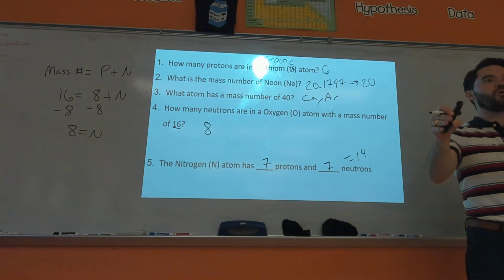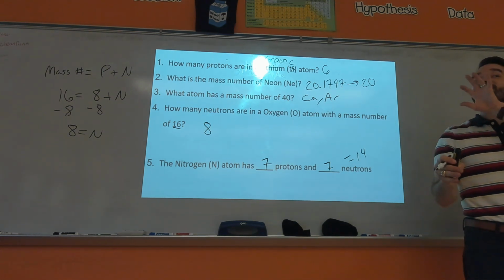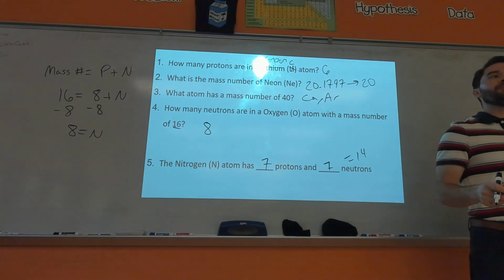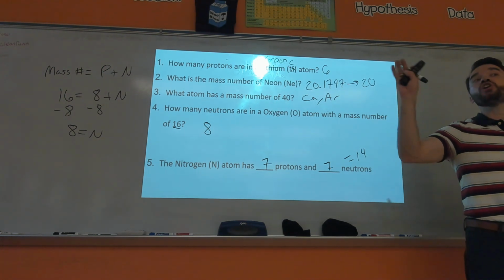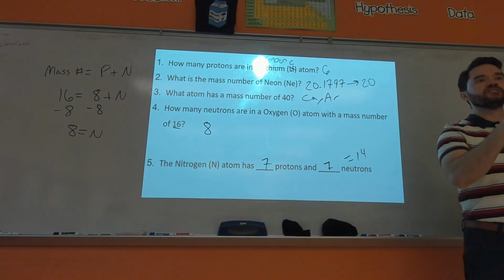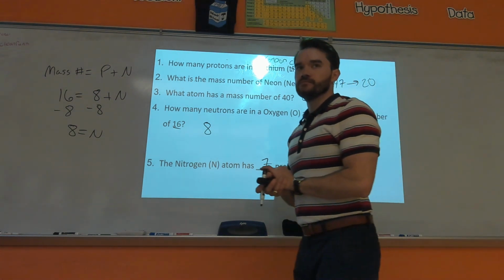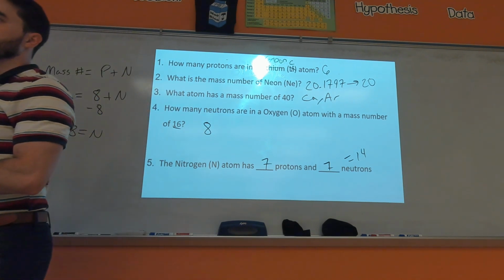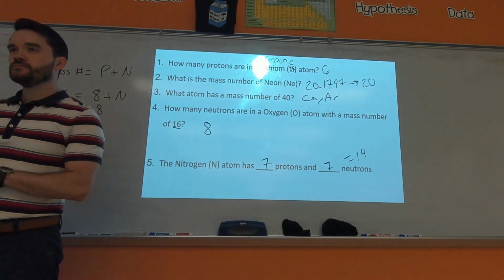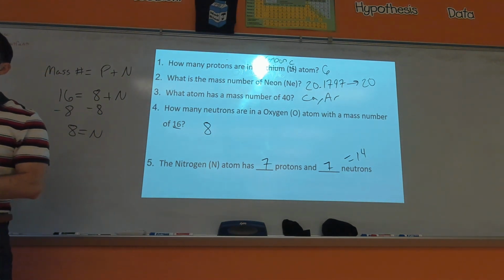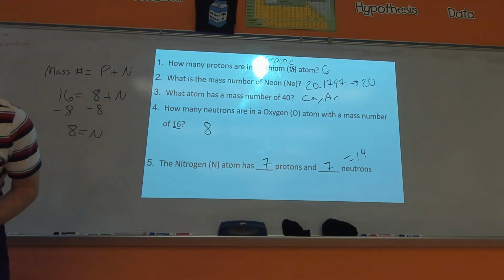They each give 1. But they're not the same because protons have a positive 1 charge, and neutrons don't have a charge. So that's where they differ. Question? When you find the neutrons, you just look at the mass number and subtract the number of protons? Exactly. Yeah. All right, let me stop the recording here.